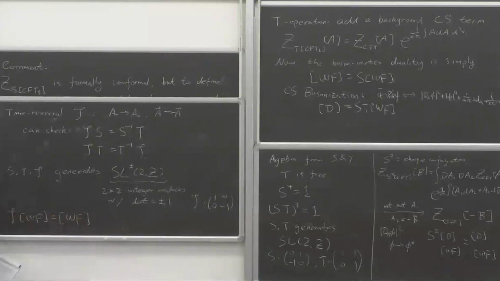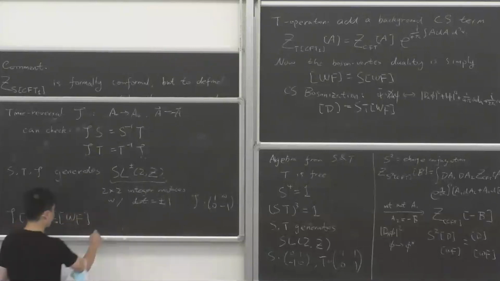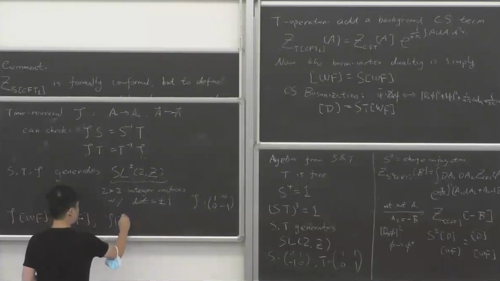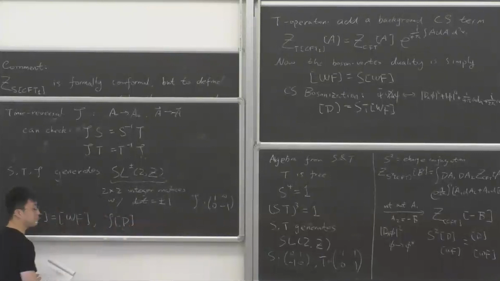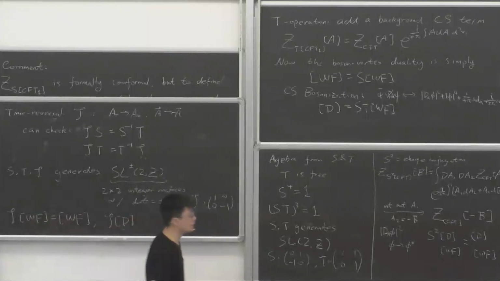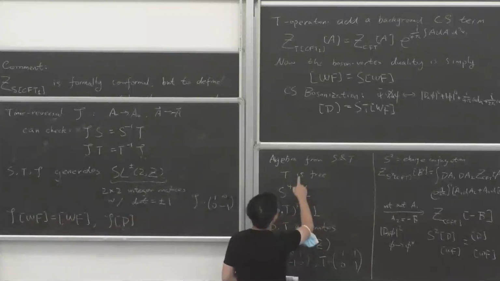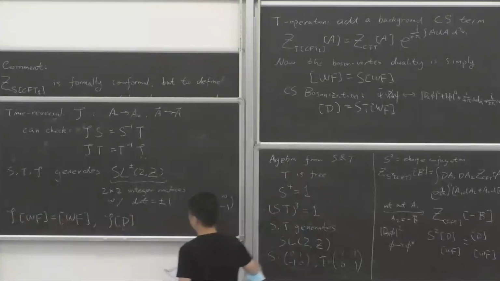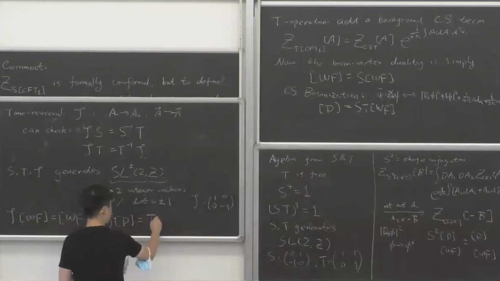And the Dirac fermion is time reversal invariant up to an anomaly. Remember the Dirac fermion picks up a Chern-Simons term upon time reversal, but picking up a Chern-Simons term is just doing the T. So the compact notation is this.